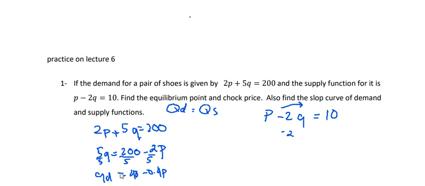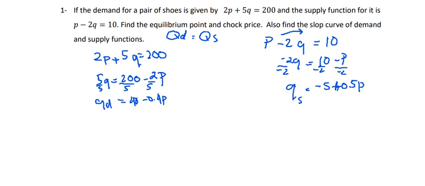We get minus 2Q equal to 10 minus P. Then you divide by minus 2, and you get Q equal to minus 5 plus 0.5P. This is the quantity supplied.